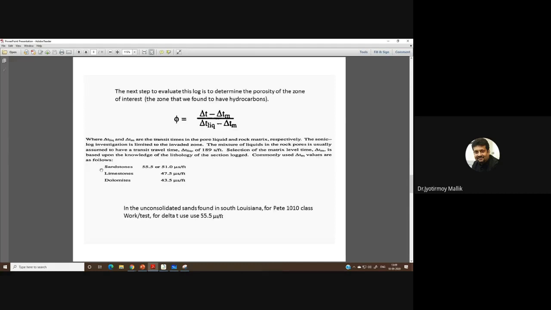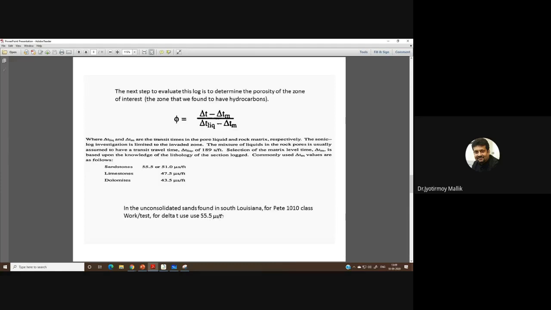Commonly used delta Tm values are these. If the rock is unconsolidated sandstone, like those found in South Louisiana, the delta Tm used is 55.5 microseconds per feet.